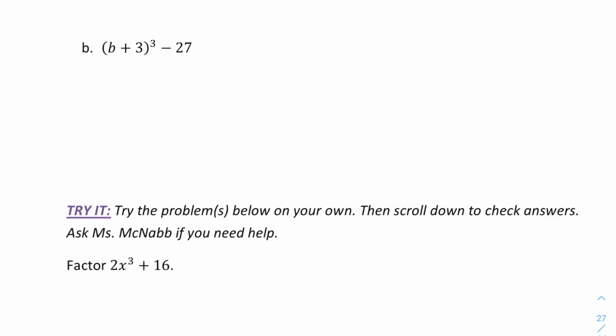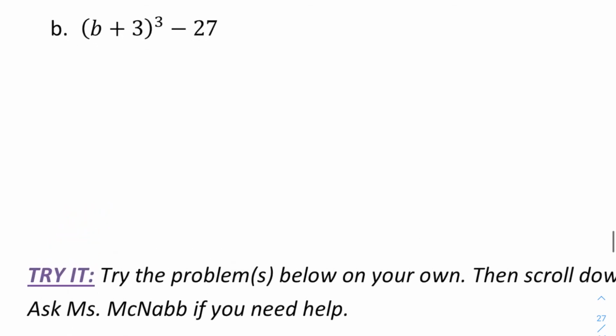We're going to look at a difference of cubes that's a little bit strange looking. So if you look at this one, you have b plus 3, that quantity, cubed, minus 27, which is 3 cubed. So really this is a difference of 2 cubes. It's just one of your cubes is a binomial instead of a single variable. So it's still going to follow that same pattern.